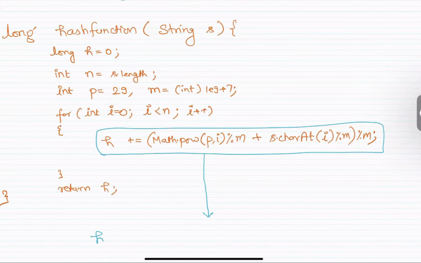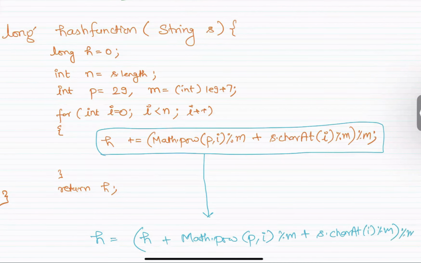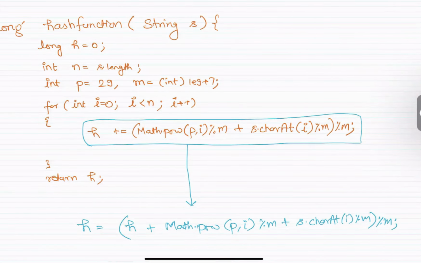So rather than h is equal to h plus math.pow(p, i) mod m plus s.charAt(i) mod m, you have done an overall mod m. Is that what you are saying your code is? h mod m plus the product mod m, and the whole mod m.